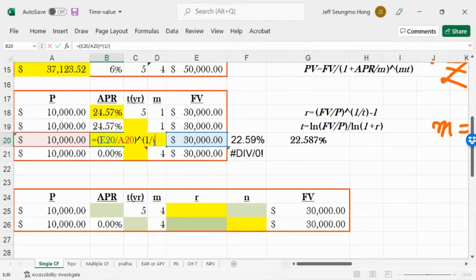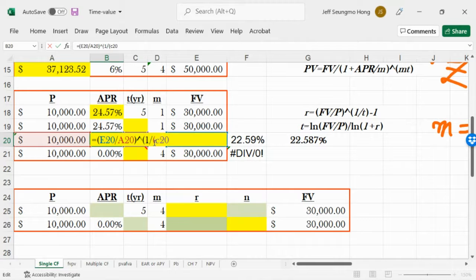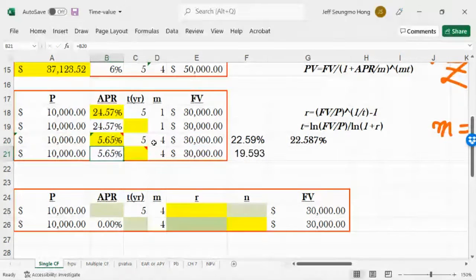So we know the actual number of compounding periods will be t times n. So that's C20 times B20, since I cannot put them in. It's minus 1. But if you do this, this will give you the quarterly rate.